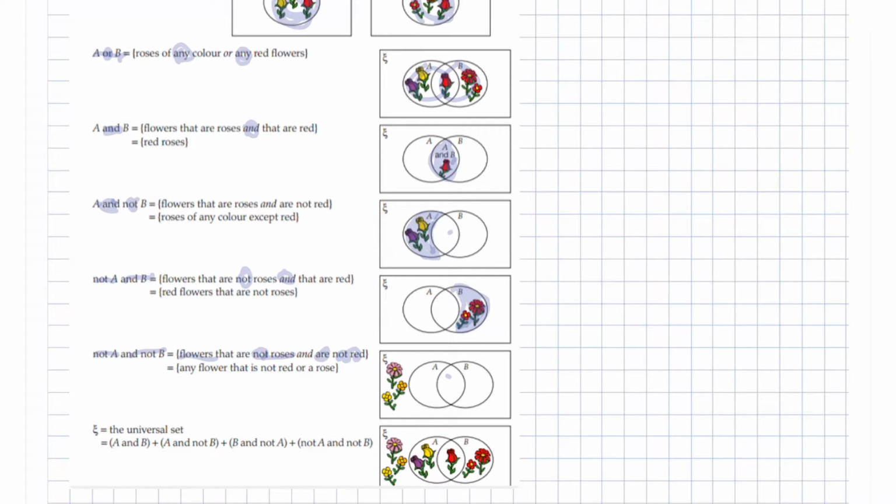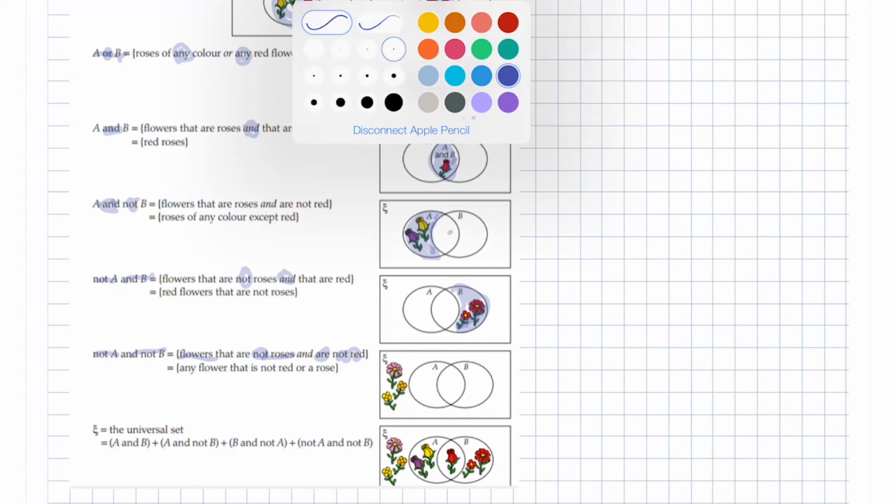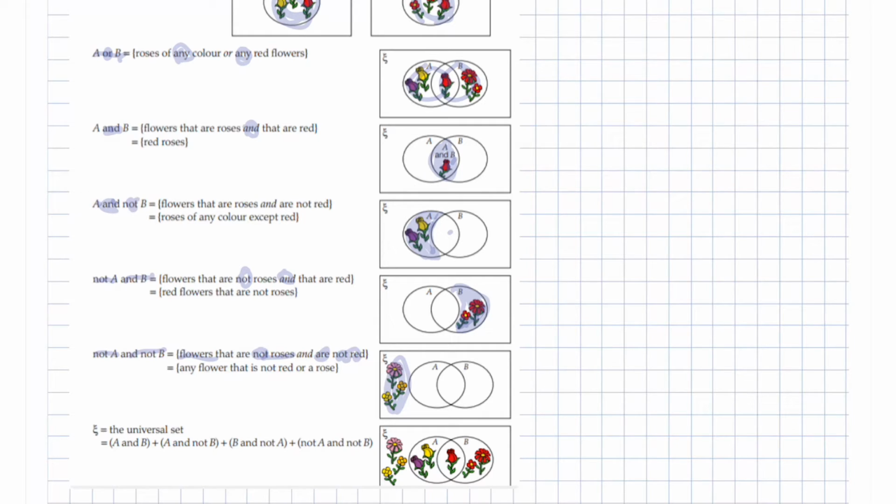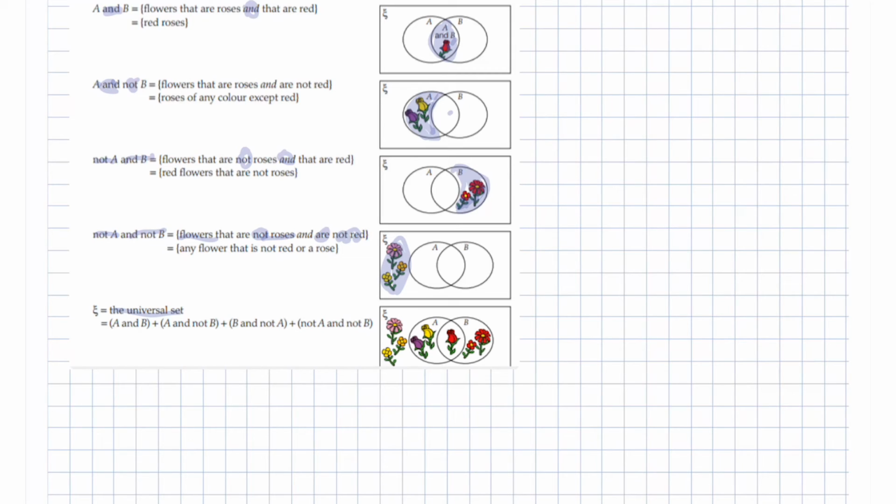That basically removes everything that is included in sets A and B. So all the elements that are not included in sets A and B, but are still included in the sample space, are present within the rectangle but not as part of sets A and B. Moving on to the last one. The universal set includes A and B, A but not B, B but not A, and not A and not B.